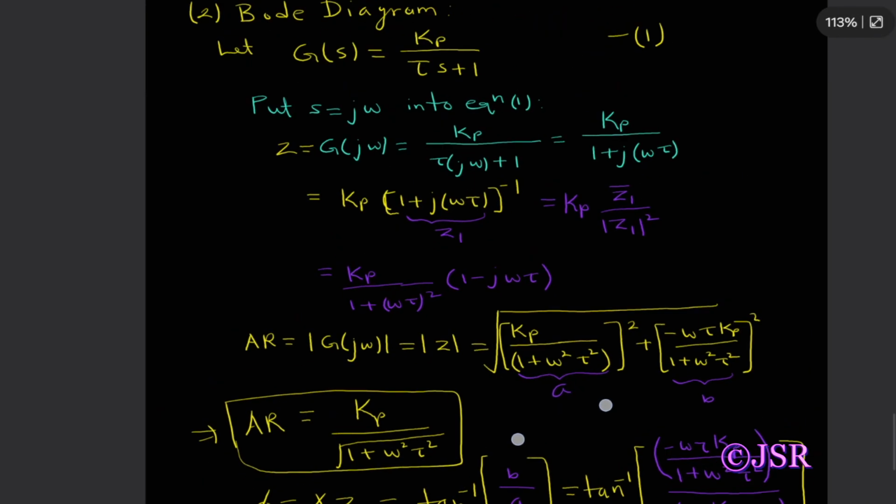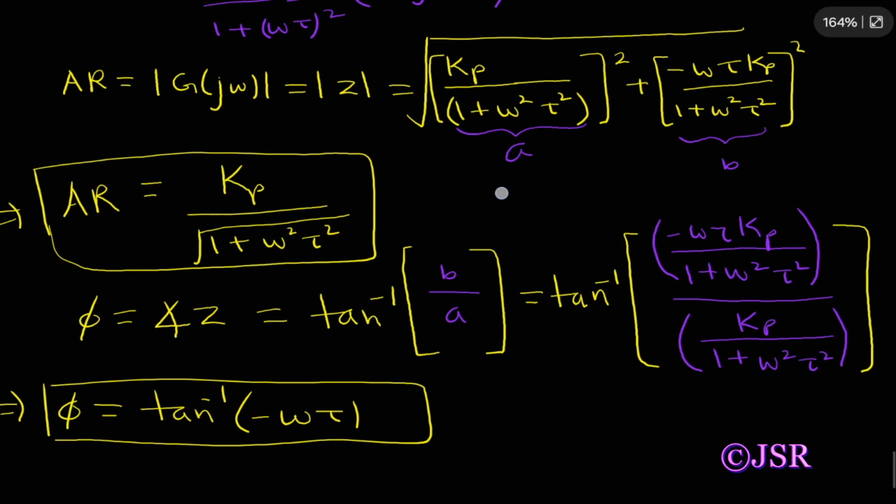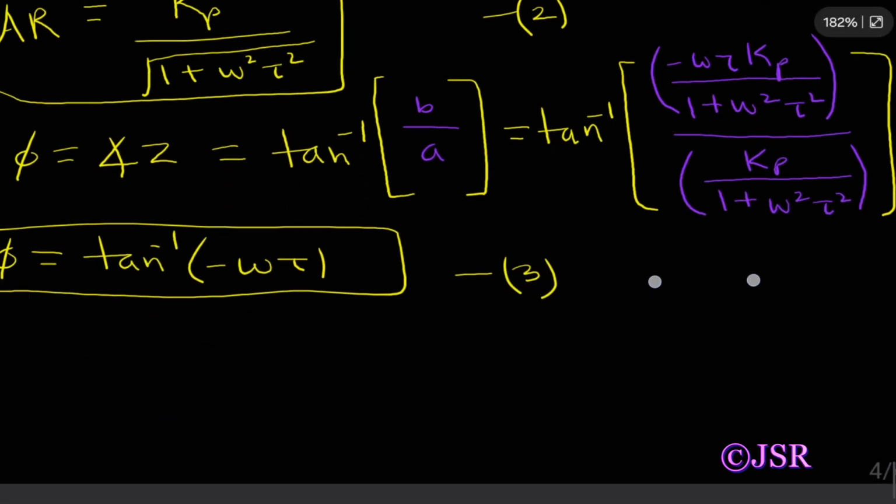So this is equation number 2 for the amplitude ratio, and this is equation number 3 for the phase shift.